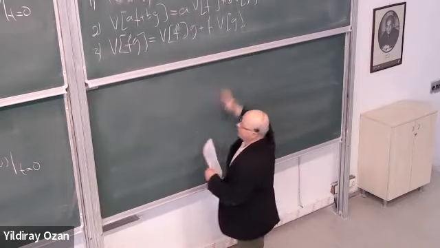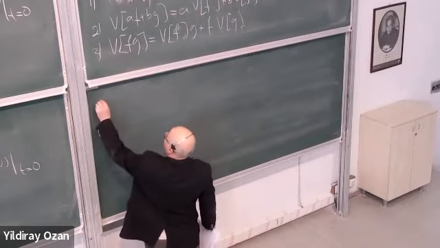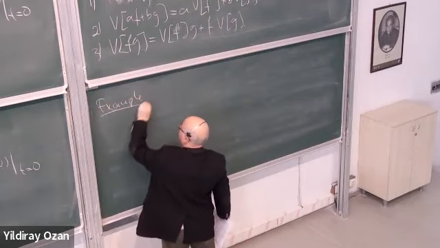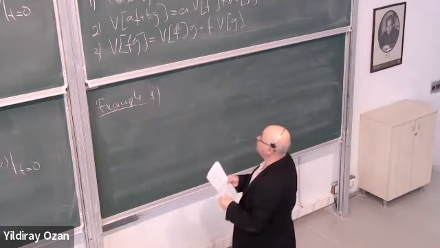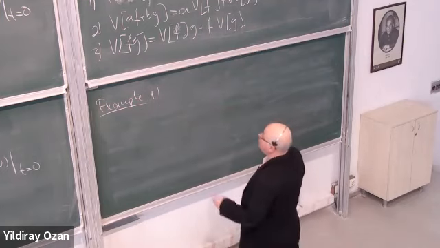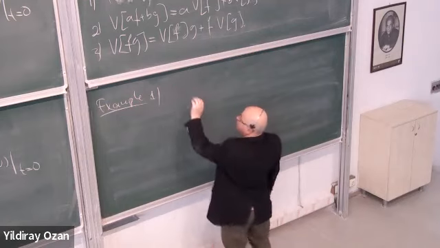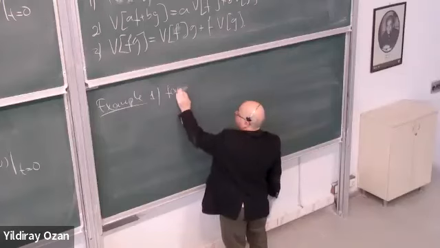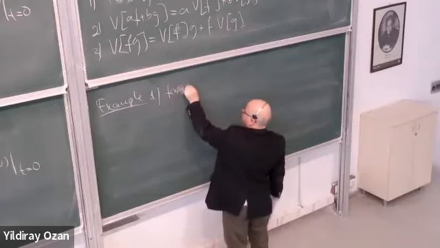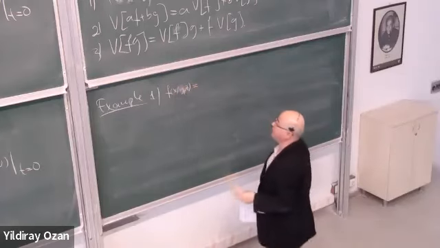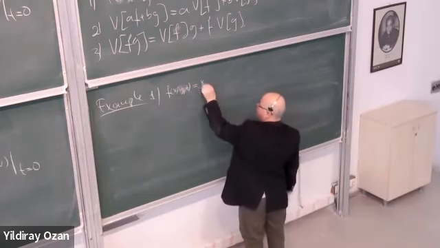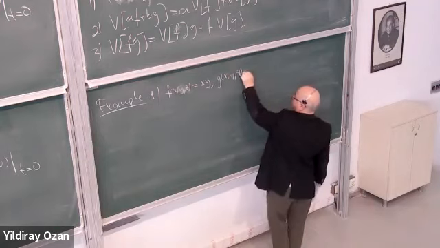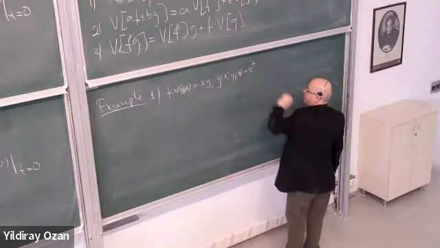Now, let me explain this on some example, how these gadgets work. We are in R3, and I have three functions. Let f of x, y, z be the function x times y. g of x, y, z is the function e to the power z.